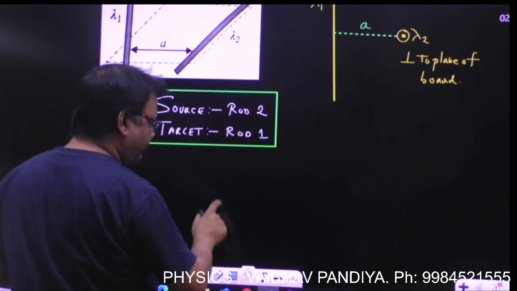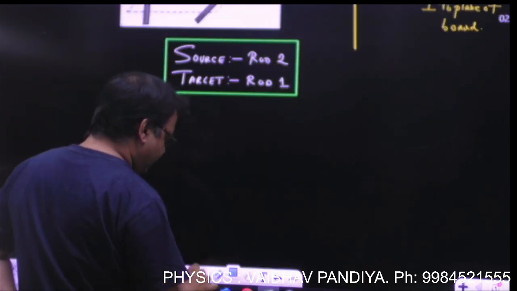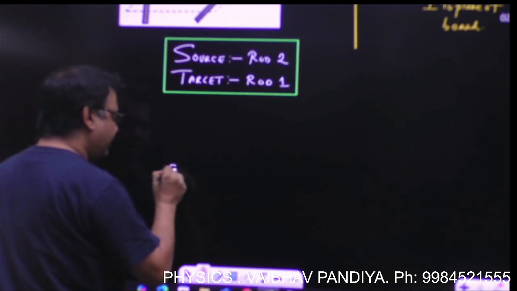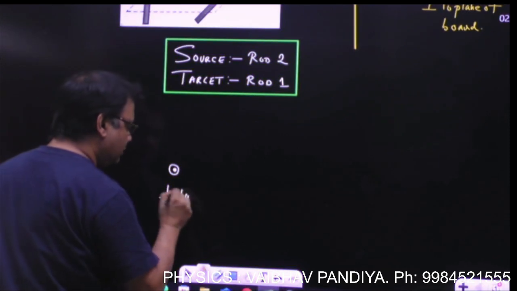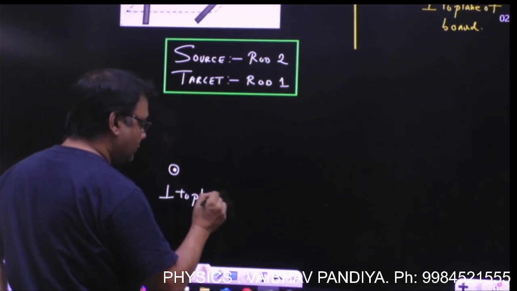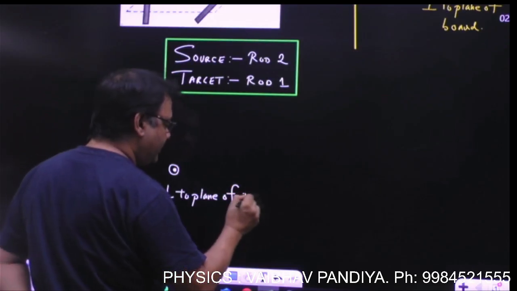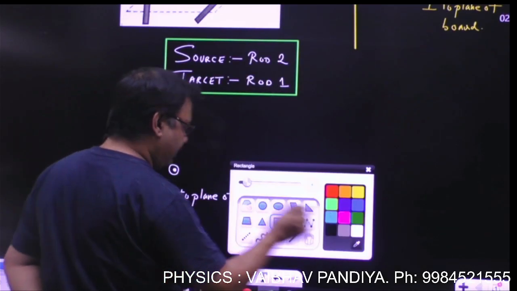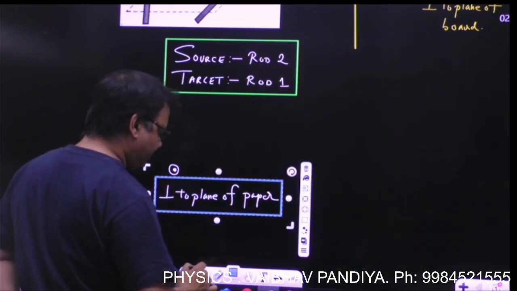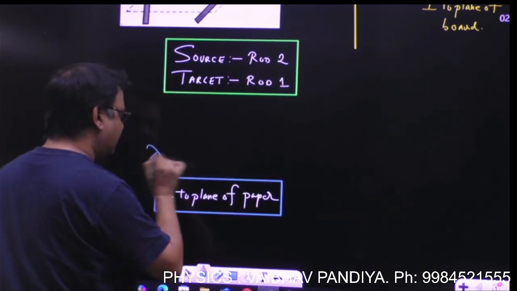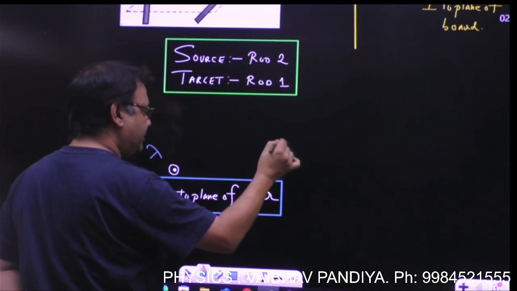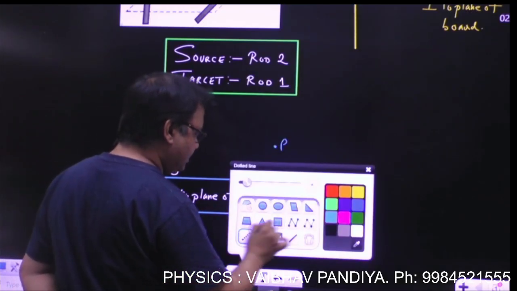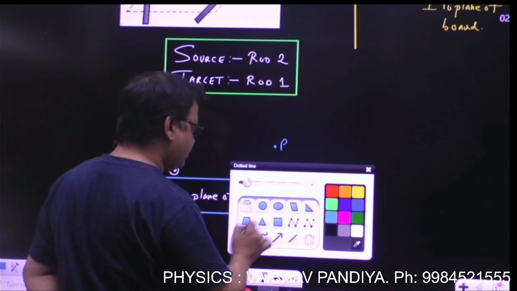Basically, as we did in the fundamentals, we will find the field of the source at the location of the target. Now we know whenever we have some very long wire or thread perpendicular to the plane of paper, with a density lambda, and there is a target point P, and you have to find the electric field because of this thread or wire or rod at point P. What we do?